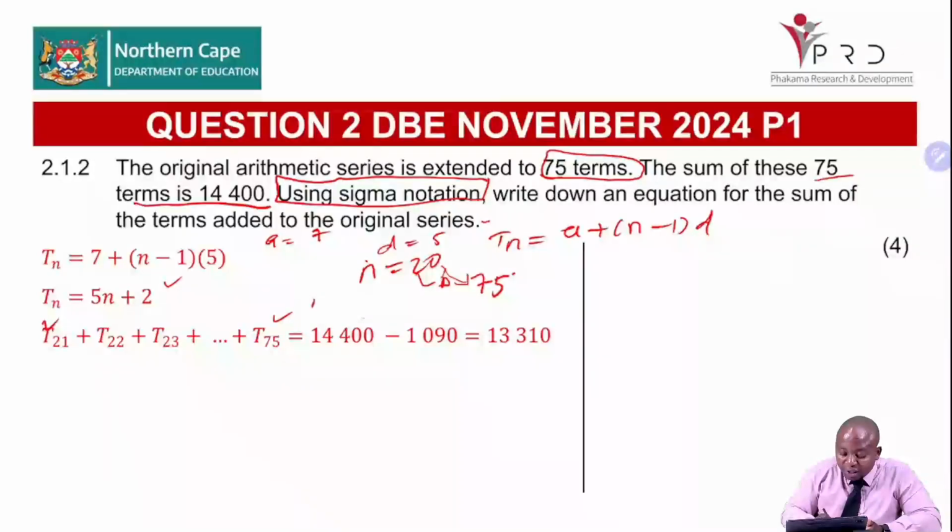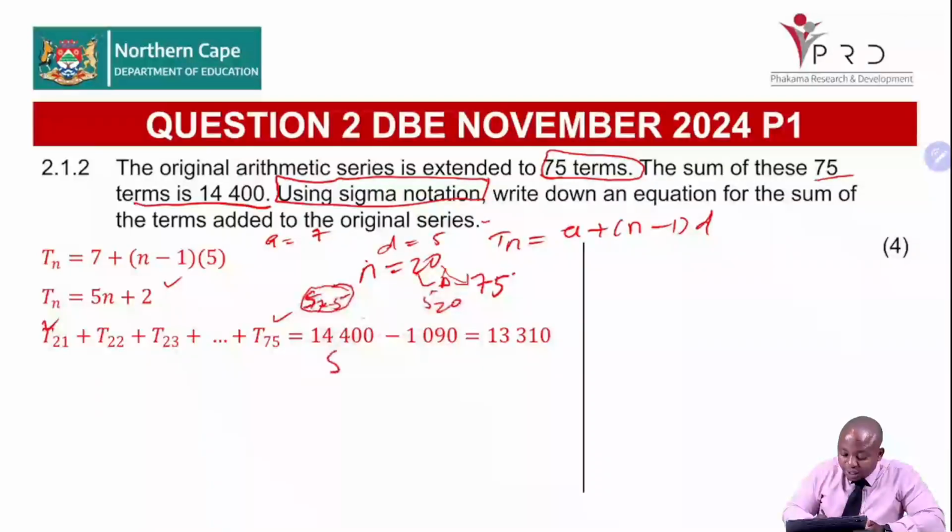This is the total, so this is T75, which is all of them, or S75 in this case. And this is the sum to 20. To find the difference between 75 and 20, I just say the sum to 75 terms, all of the terms, is 14,400, subtracting the sum to 20.